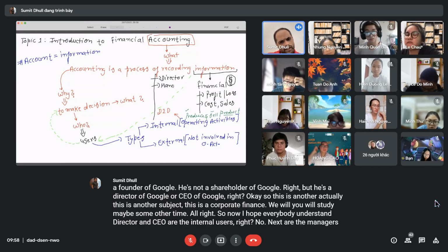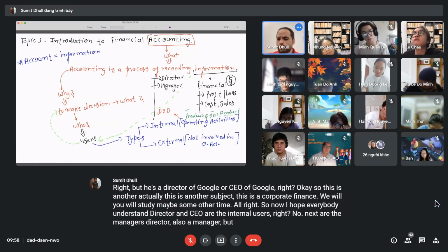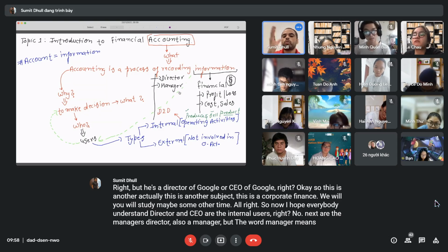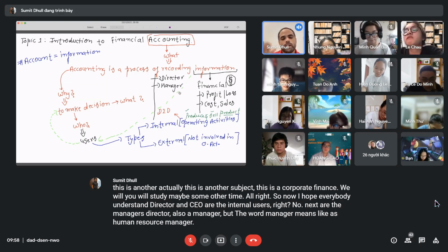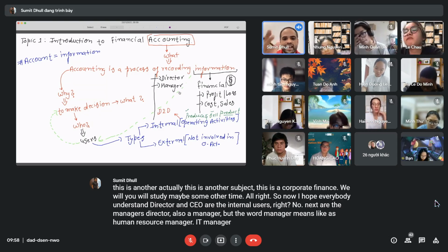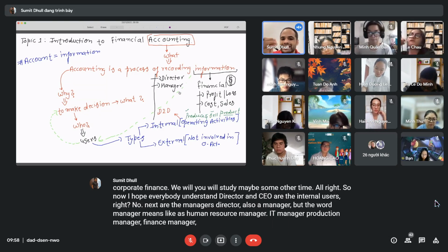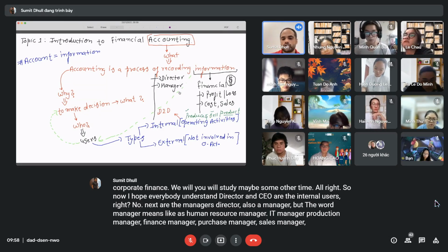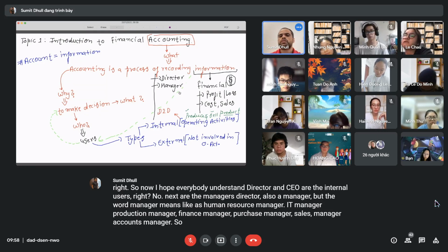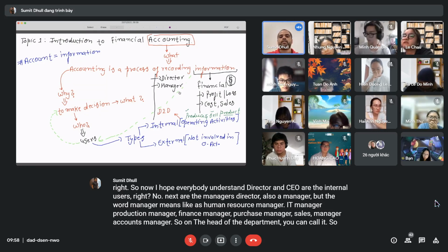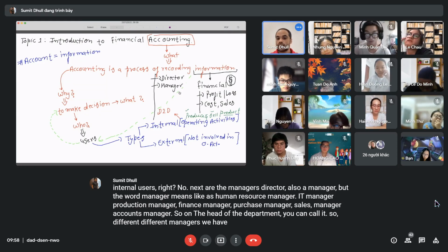Director is also a manager, but the word manager means human resource manager, IT manager, production manager, finance manager, purchase manager, sales manager, accounts manager, and so on. The head of the department, you can call it. So we have different managers. They are also internal users.